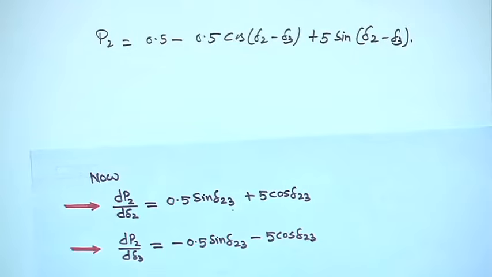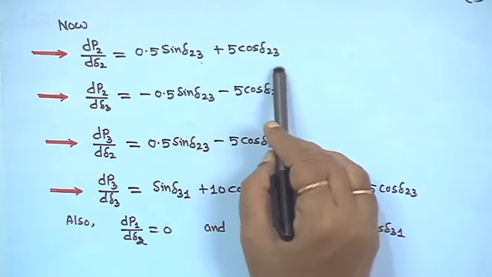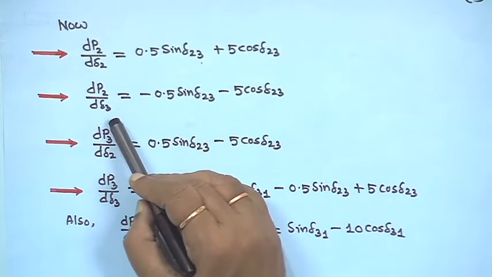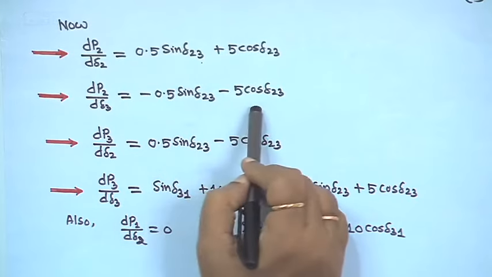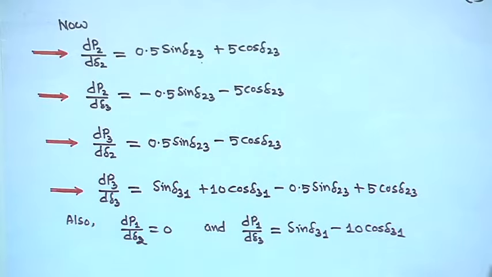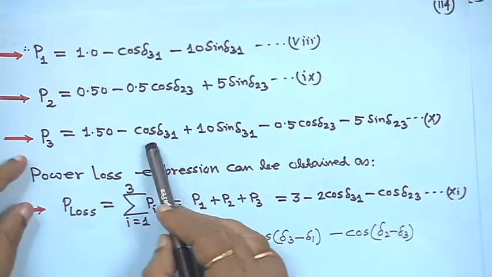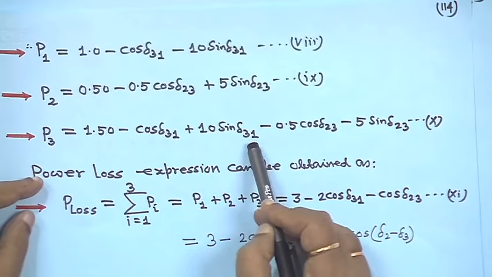Therefore, dP2 upon d delta 2 you will get 0.5 sin delta 2 3 plus 5 cos delta 2 3. Similarly, dP2 by d delta 3 you will get minus 0.5 sin delta 2 3 minus 5 cos delta 2 3. In a similar way for the P3 expression, you write cosine(delta 3 minus delta 1) plus 10 sin(delta 3 minus delta 1) and so on.